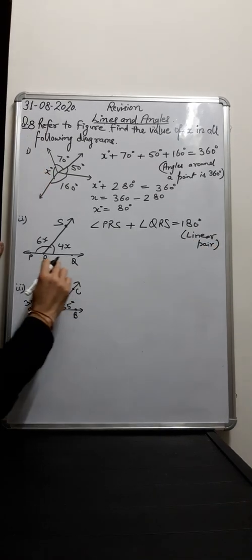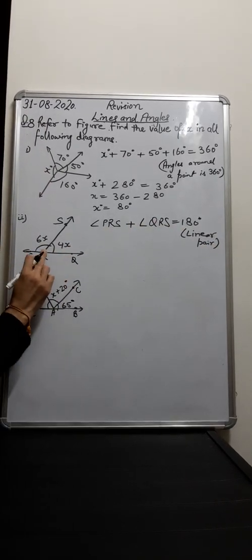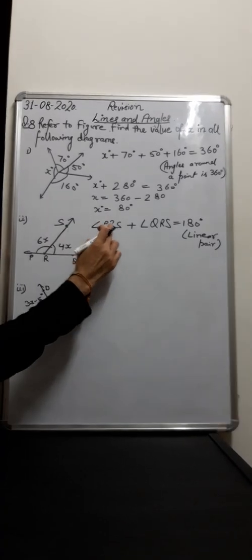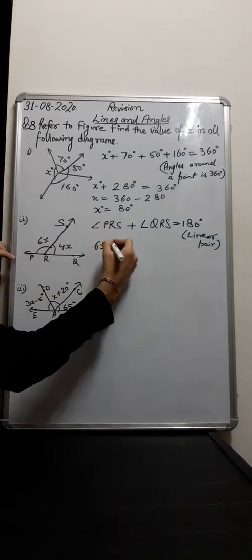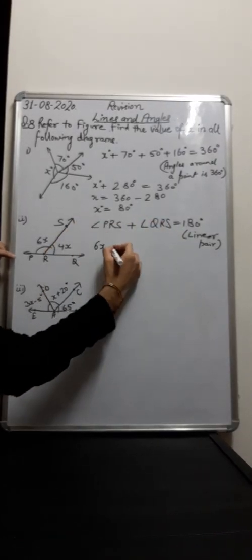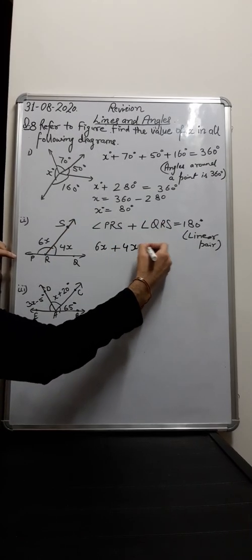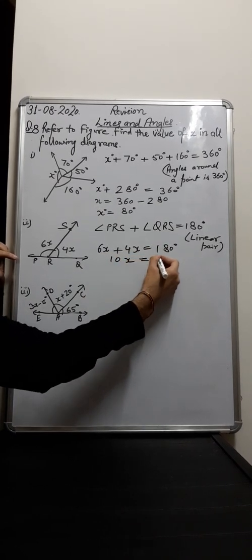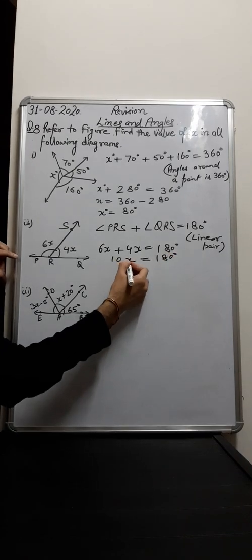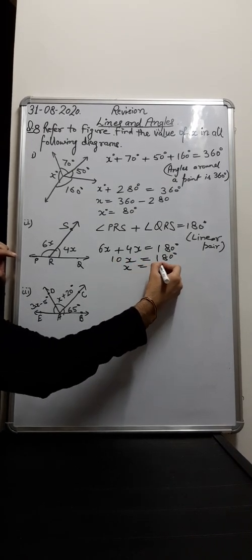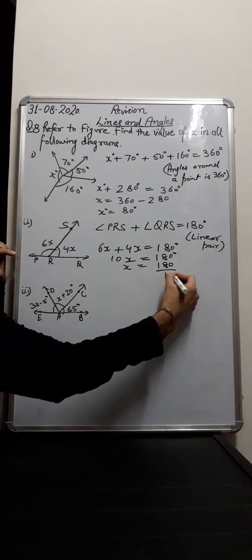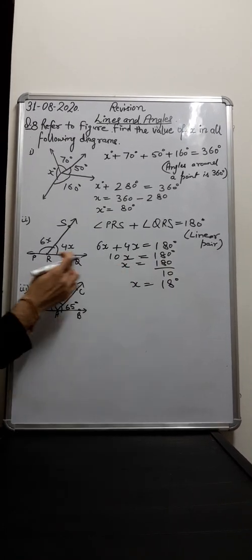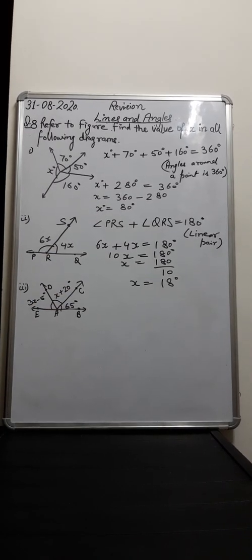Whenever there are 2 angles forming on a straight line, they are called linear pairs, and their sum is always 180 degrees. Angle PRS is 6x, angle QRS is plus 4x, equal to 180 degrees. Add this and you get 10x equal to 180 degrees. To find the value of x, this 10 will go in the divide, and the x value is 18 degrees.